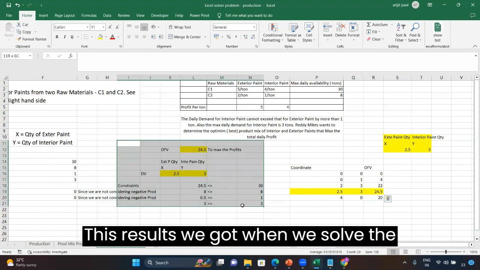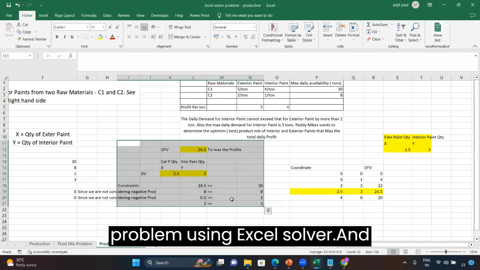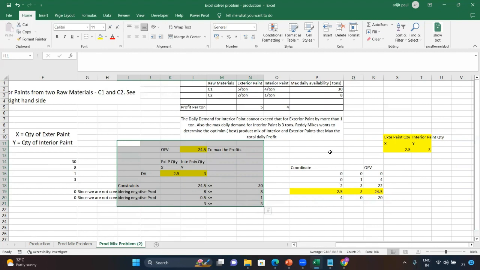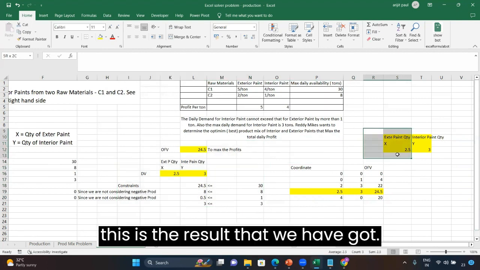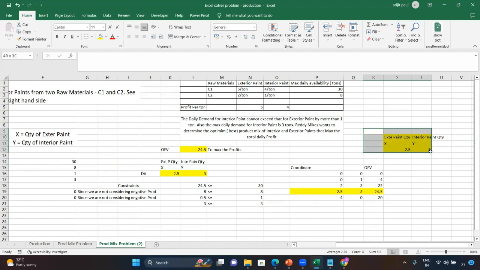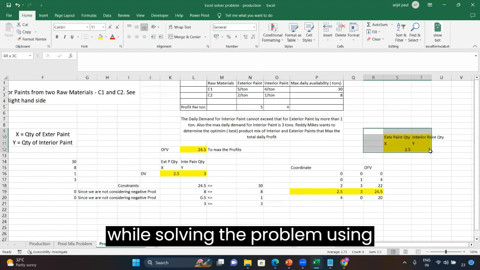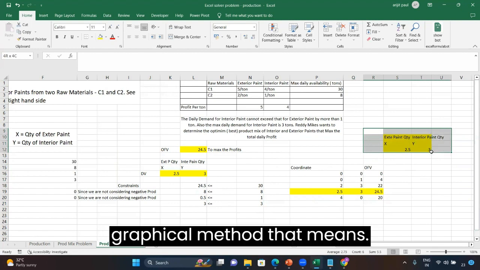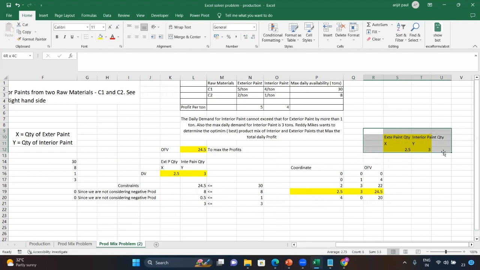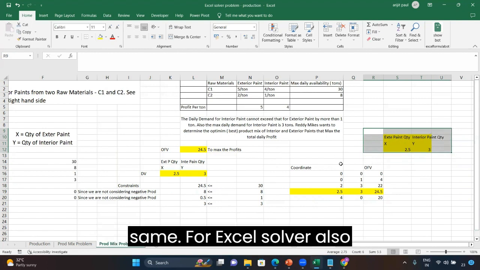Now, these are the results we got when we solved the problem using Excel solver, and this is the result we got while solving the problem using the graphical method. That means the results of both models are the same.